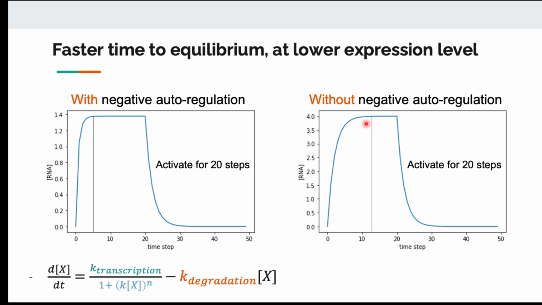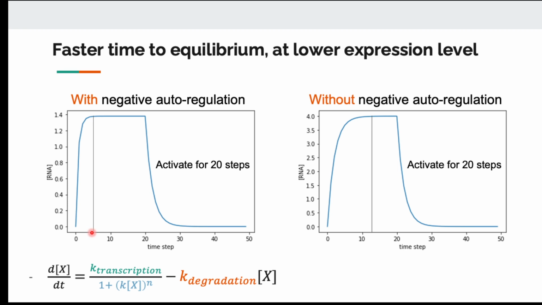The key that people believe is why nature developed this kind of negative feedback is on the x-axis. When cells respond to change, they want to reach the new equilibrium, and they want to reach it quickly so that everything can stabilize. Without negative autoregulation, even though you reach a higher expression level, it takes about 12 steps to reach that equilibrium.